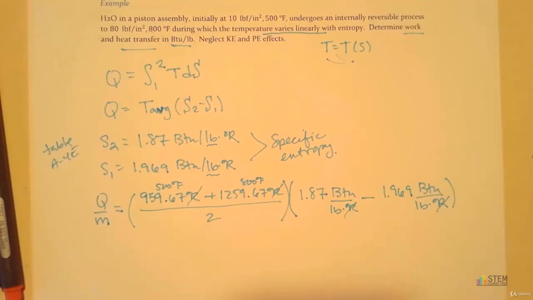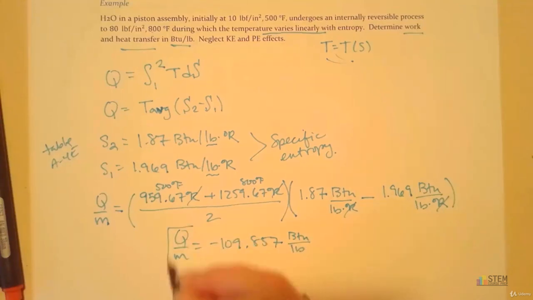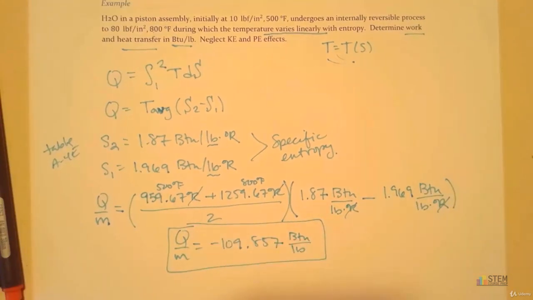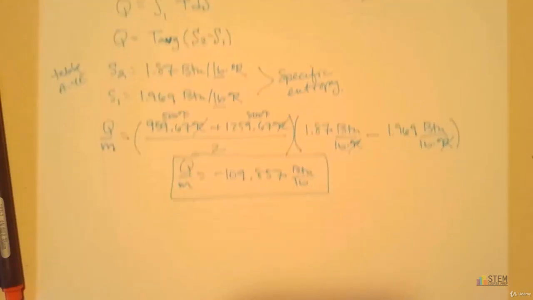So there you go. Quick workaround there when you don't have the mass. Now Q over M is going to be negative 109.857 BTU per pound. All right, so there we have that.